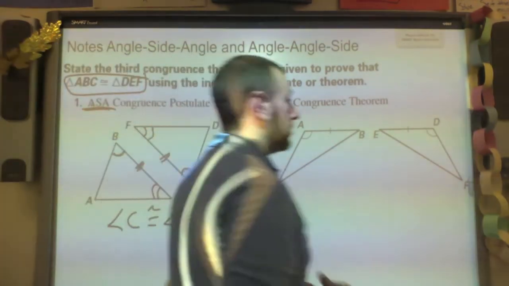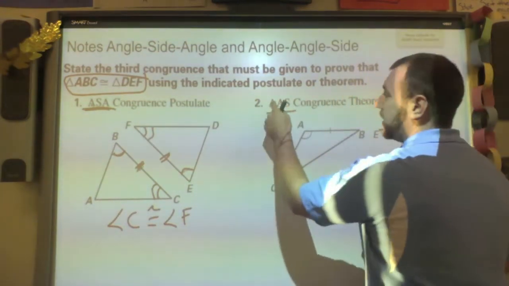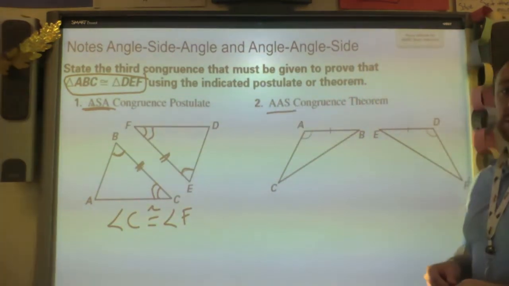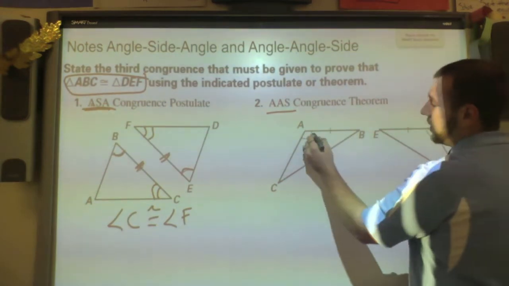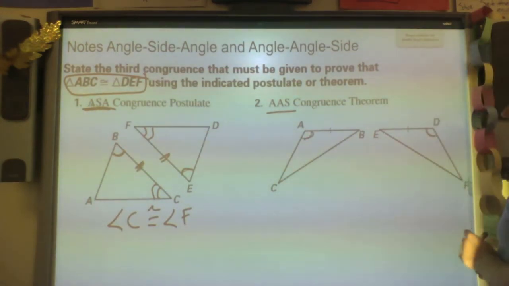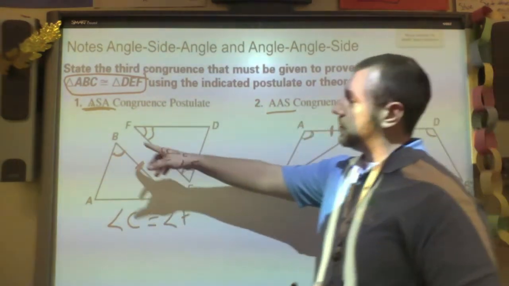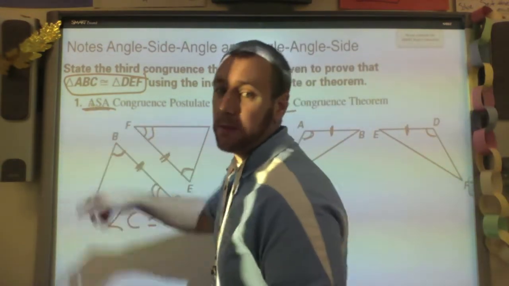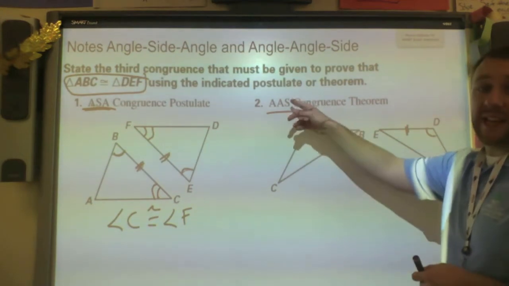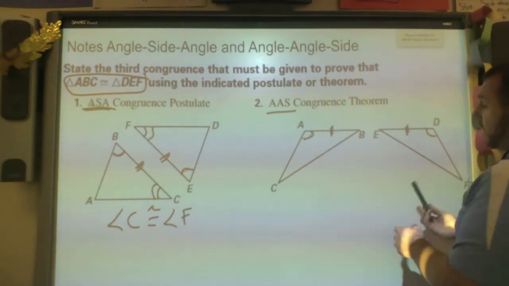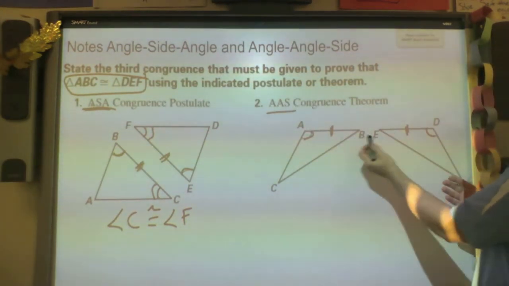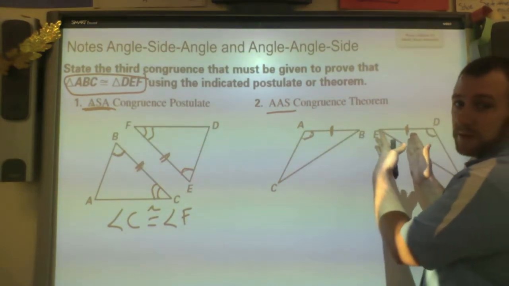Over here, I'm using angle, angle, side congruence. Again, I start off with an angle marked and a side. The difference is the side is not in between. So I wouldn't choose E or B because then the side would be between them.